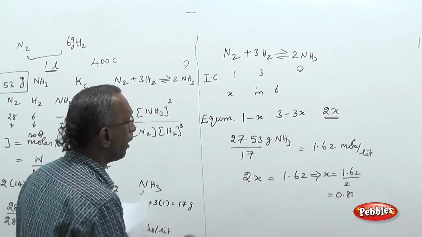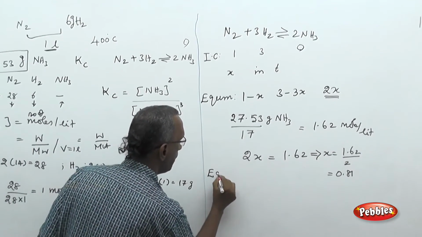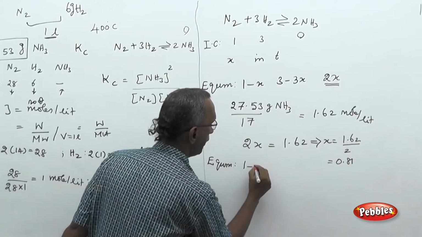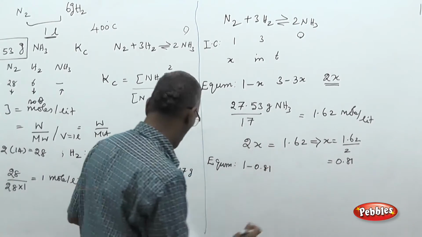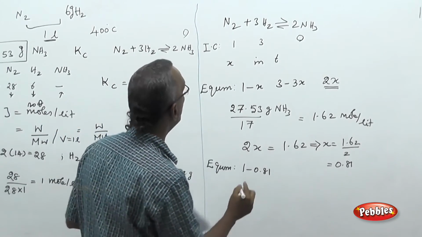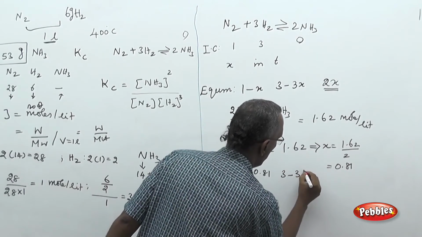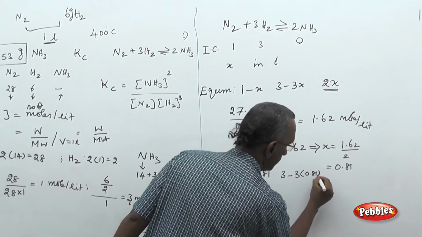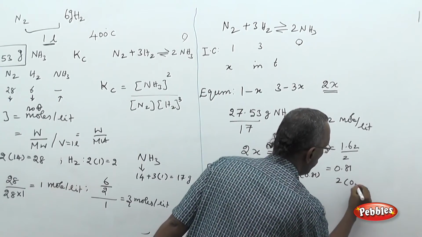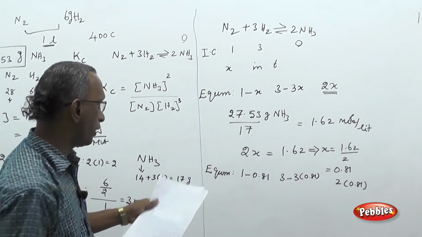So we have to substitute. We have found X. Now once again rewrite. Equilibrium concentration of nitrogen is 1 minus 0.81, that of hydrogen is 3 minus thrice 0.81, and that of ammonia is 2 into 0.81.